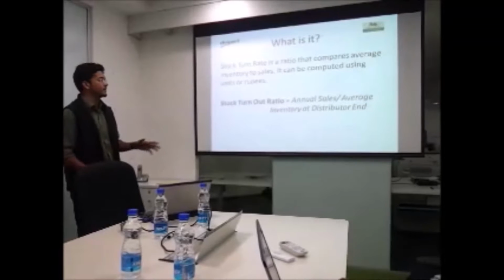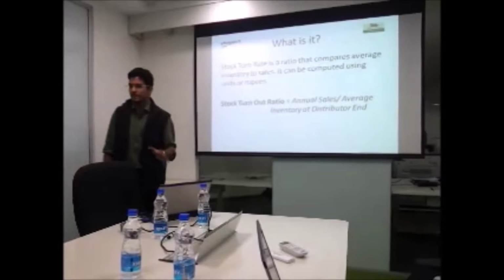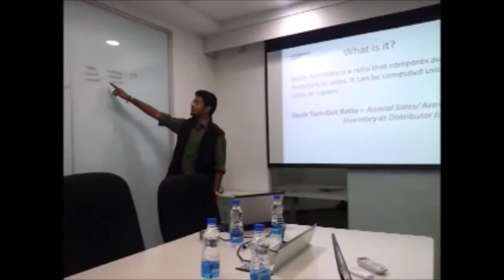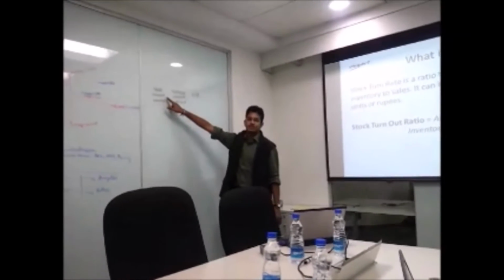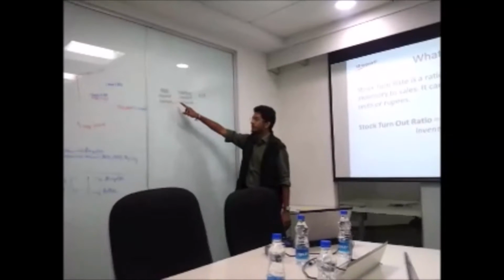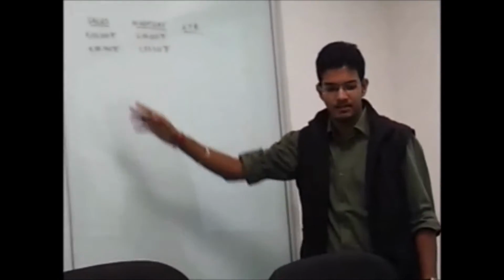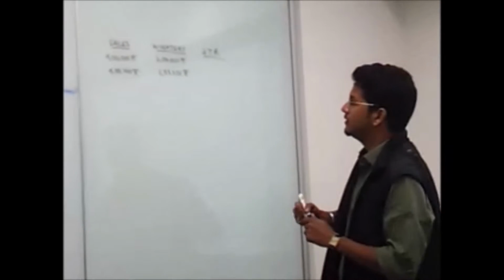So just as an example, as I've written down here, if you have annual sales of 4 lakh rupees and you are holding an average inventory of 2 lakh rupees to get that 4 lakh sales, then STR works out to 2. 4 lakh divided by 2 lakh.